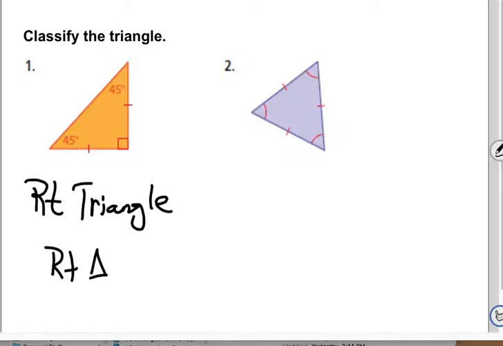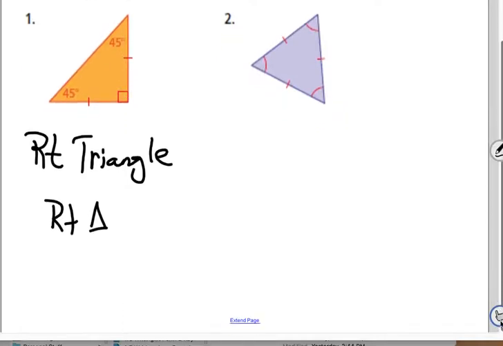What else do you notice there? What do you got, Tyler? Isosceles, okay. Why is it isosceles? Two equal sides, good. So we have an isosceles right triangle or a right isosceles triangle.